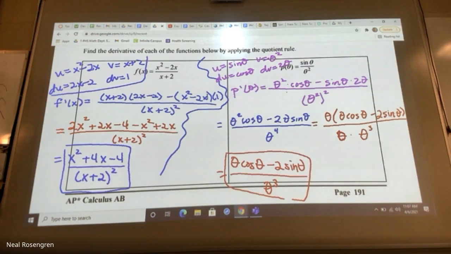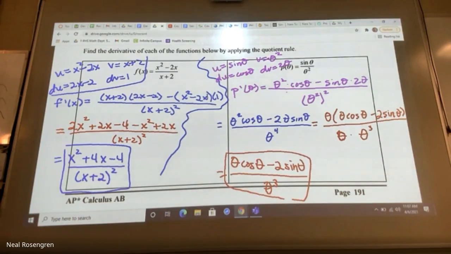There's no pulling those out, at least not that way. I can only pull out things that are being multiplied. Factoring is undistributing, right? Unmultiplying, so just dividing. You can't divide away a theta that's inside a function. Otherwise it'd be cosine of nothing. It's got to be cosine of an angle for sure.